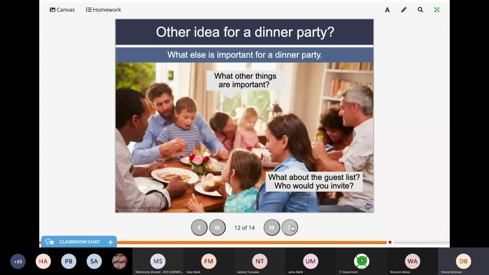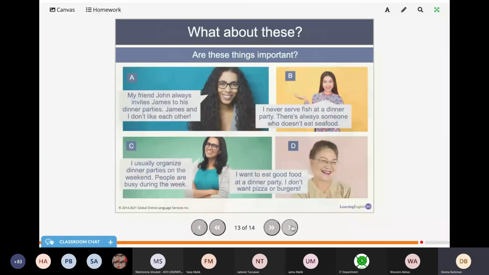All of these people on the screen now have got things that they see as potential problems if you are having a dinner party. Some do's and don'ts about inviting people to your home. A says, my friend John always invites James to his dinner parties. James and I don't like each other.